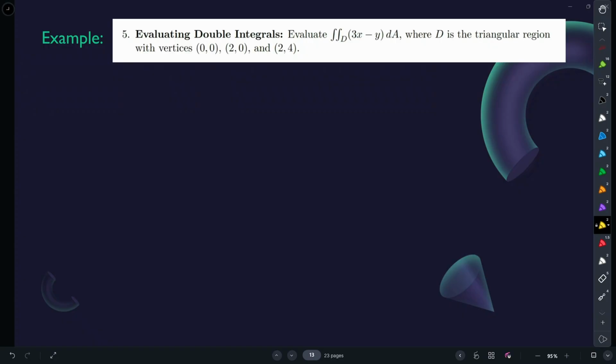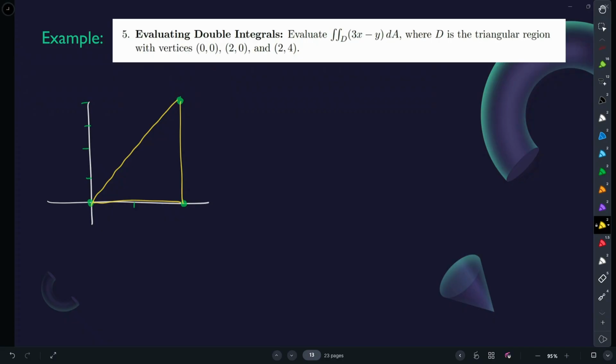How would we compute this integral? They give me the vertices (0,0), (2,0), and (2,4) over here. So the region I'm integrating over is this triangle here.